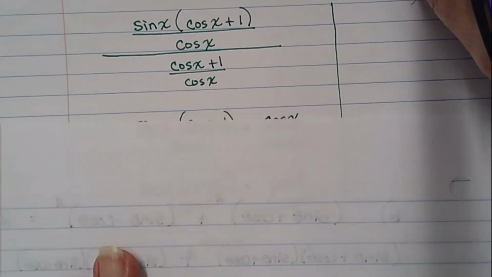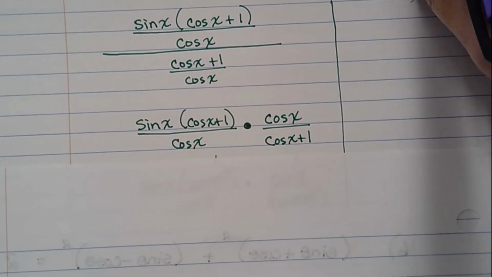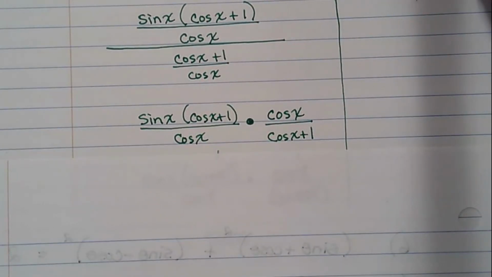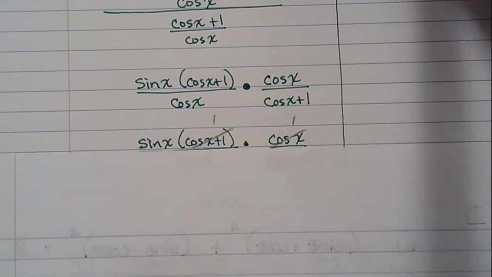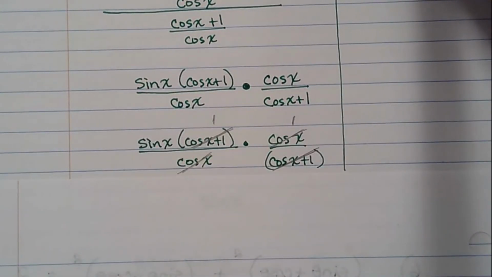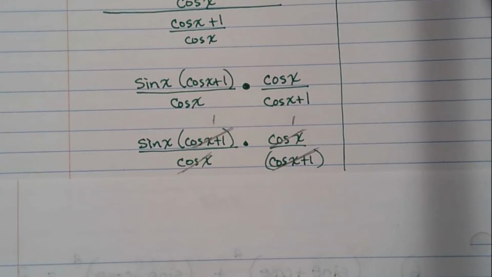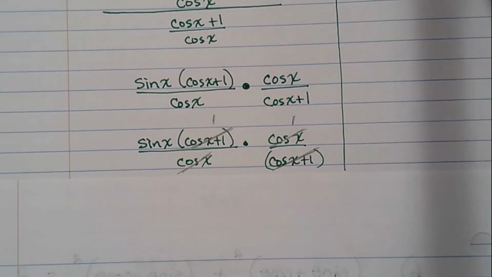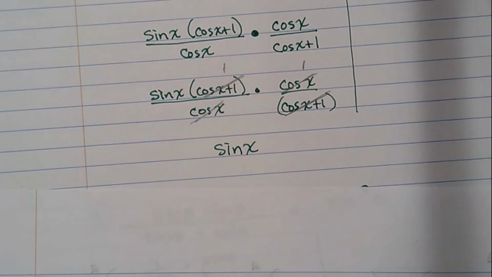So I'm going to write that out as multiplication. And then I'm going to see that several things can divide out to 1. So my cosines divide out to 1, and my cosine x plus 1 divides out to 1. And so now I'm just left with sine x.